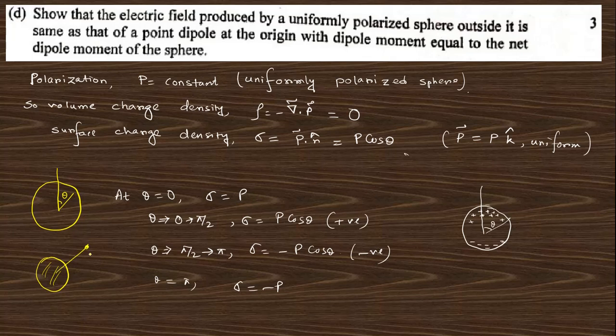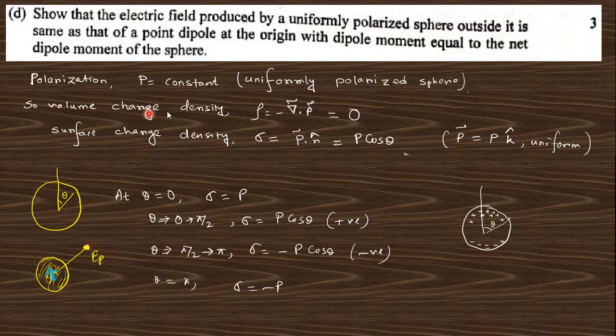You need to find the electric field at a point outside. This equals the field you get if you take the dipole of the sphere and place it at the center; you will get the same expression for the electric field. So we can prove that.